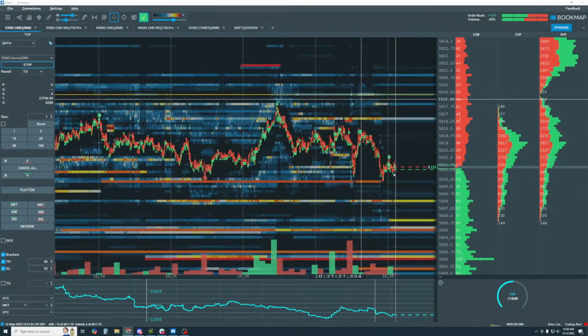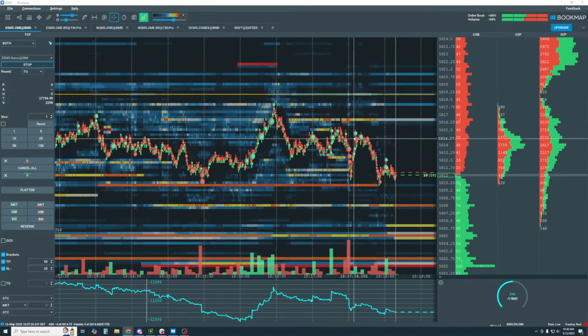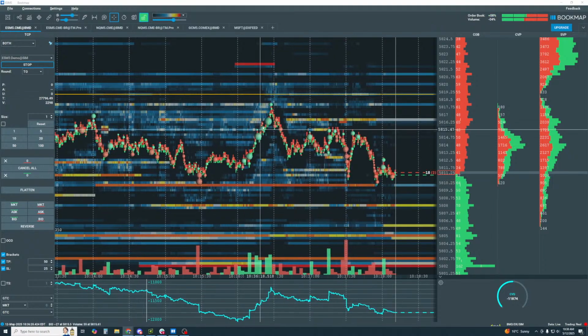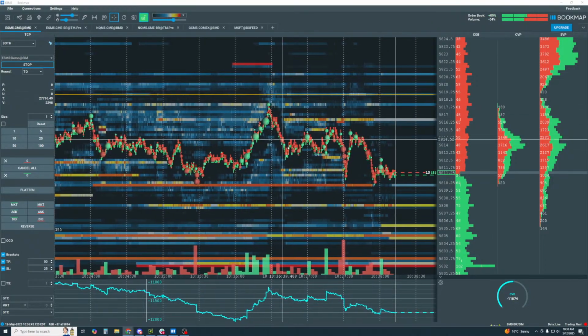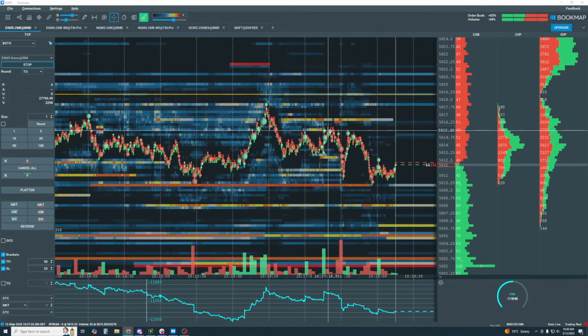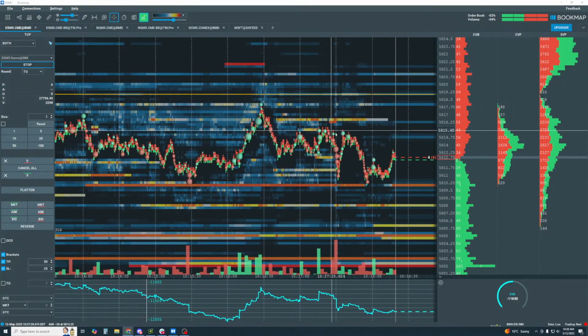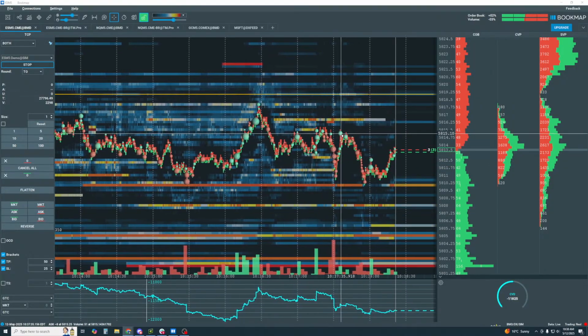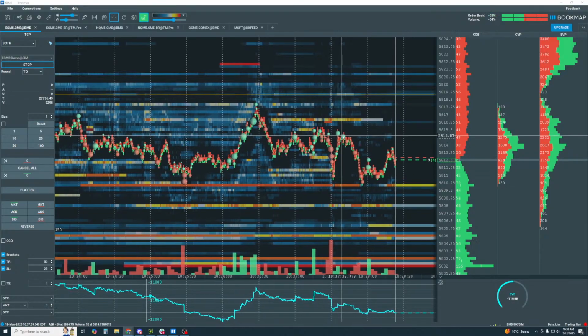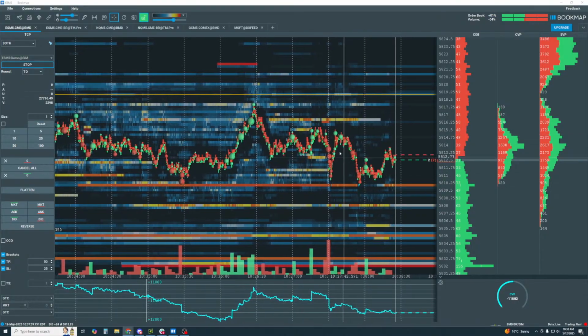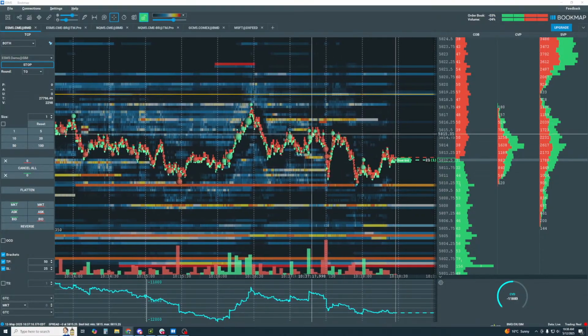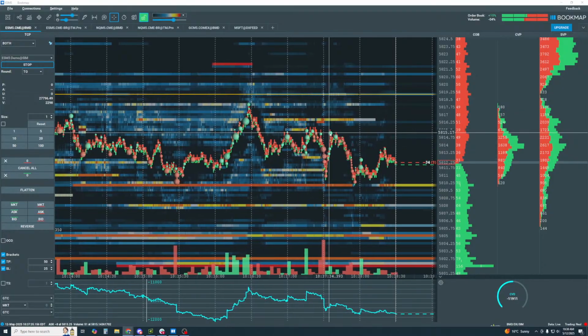So let's see if this may turn into it. It's not a very good example, but see the buying in here, and then we're looking for a price to come back up and break out again, right? So we see a little bit of buying in here, not a whole lot, and we sell off though. It looks like buyers are starting to accumulate up here.